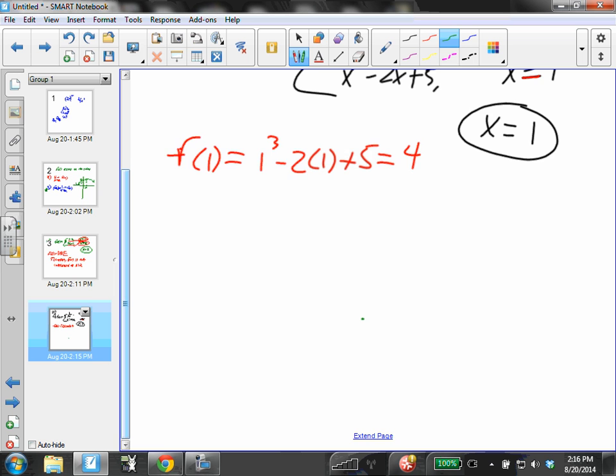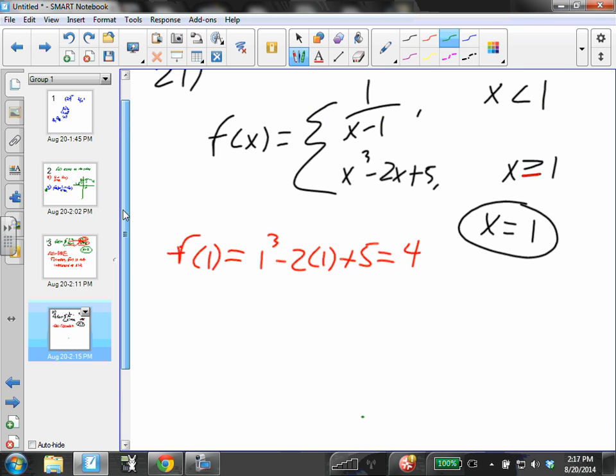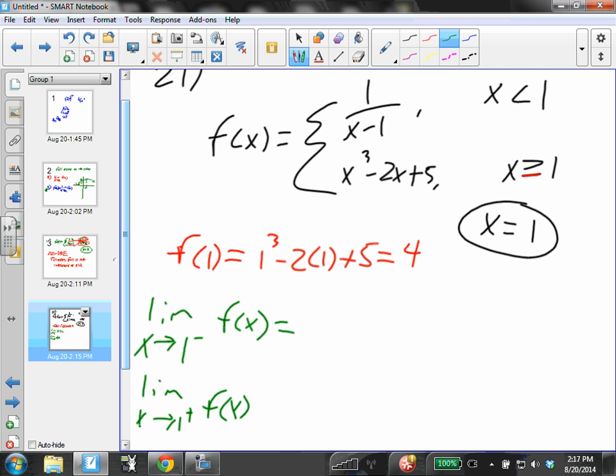Okay, so part 2 is we want to show that the limit exists. But remember, in order for a limit to exist, what really has to happen? Yeah, it has to approach the same point from the left and from the right. So now we're actually going to take the limit from both sides. We're going to take the limit as x approaches 1 from the left of this function, and we're going to take the limit as x approaches 1 from the right of the function.